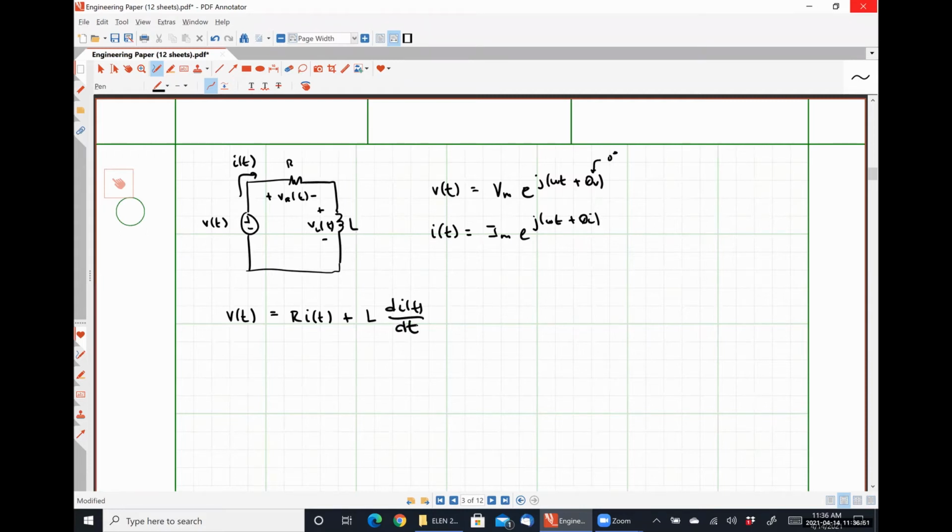If I put in my new guess value, my new response type, I'll have Vm e to the j omega t is equal to R times Im e to the j(omega t plus theta I) plus L d by dt of that same quantity, Im e to the j(omega t plus theta I).